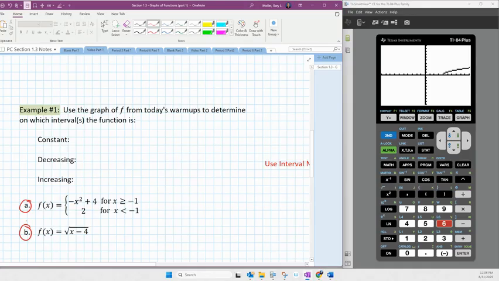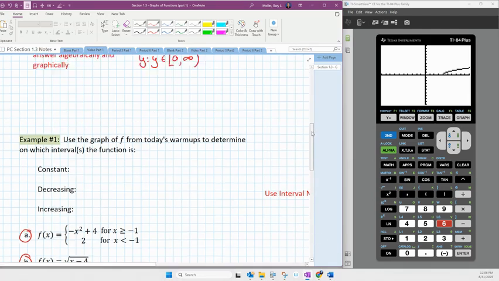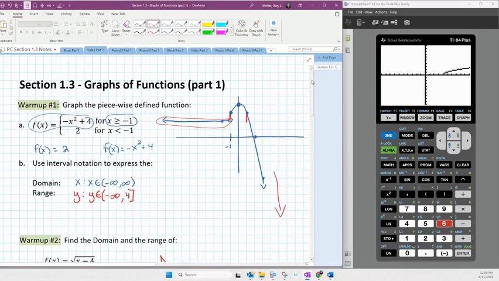And so let's go back and look at the piecewise function that we graphed. So to be constant over an interval is hopefully pretty obvious. It means that the y value is not changing. So as you move from point to point, usually we talk about moving from left to right. So as x gets bigger, what's going on with the y values?